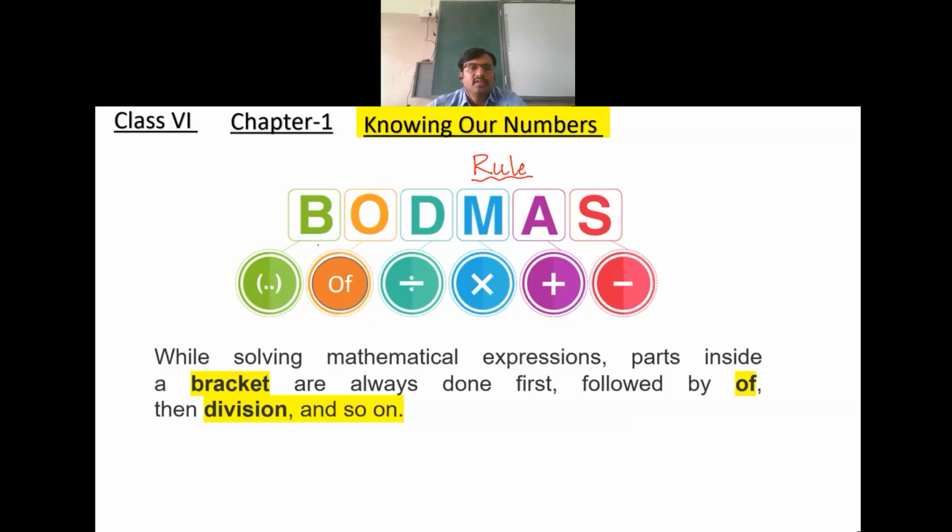Here, B refers to bracket, O refers to of, D refers to division, M refers to multiplication, A refers to addition, S refers to subtraction. First the bracket should be solved, then the operation of, then division, then multiplication, then addition, followed by subtraction. This is the order to be followed.